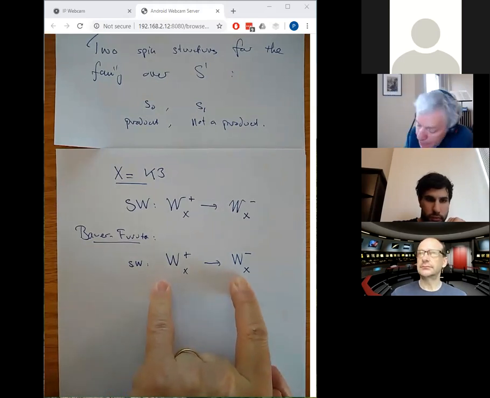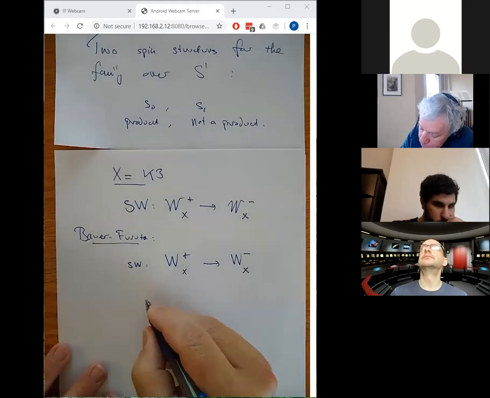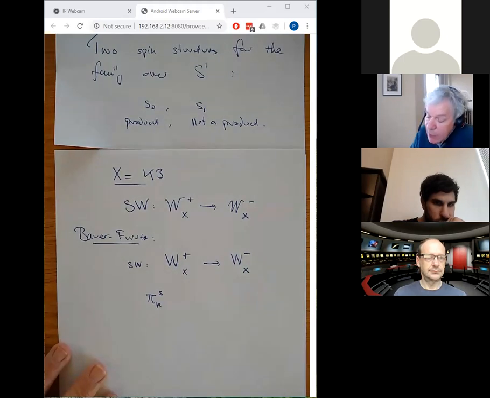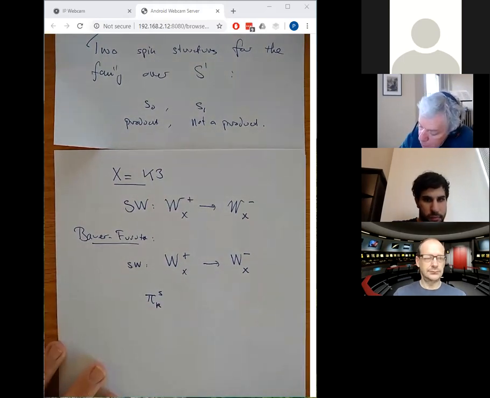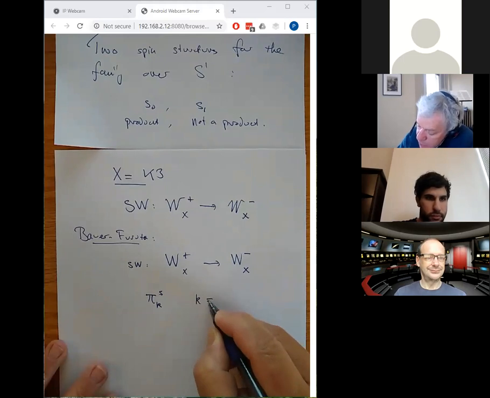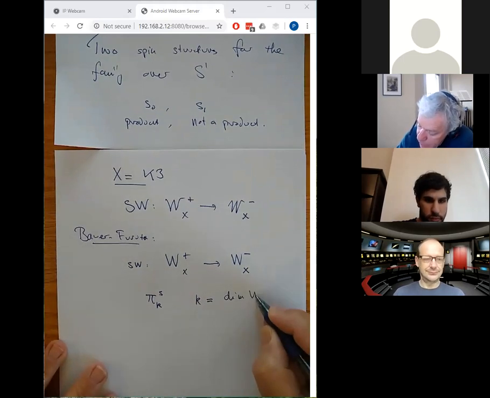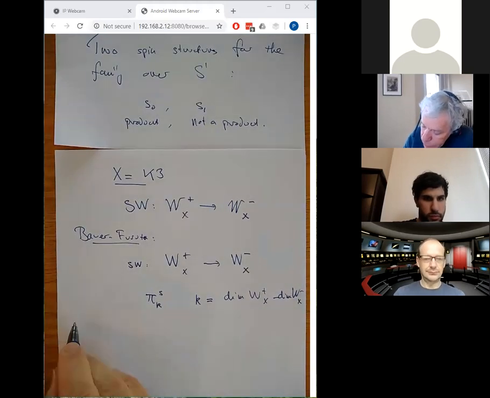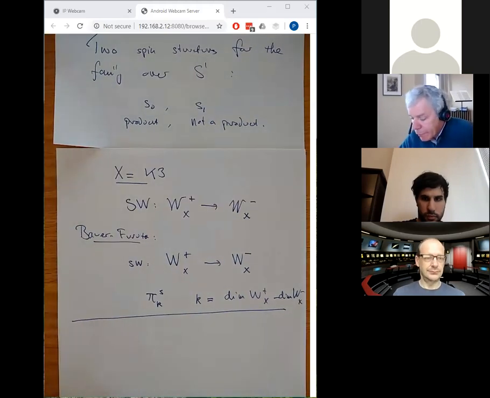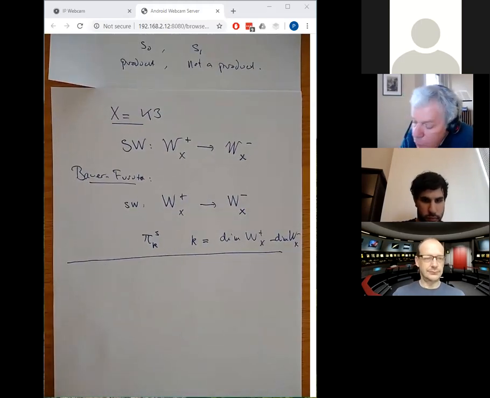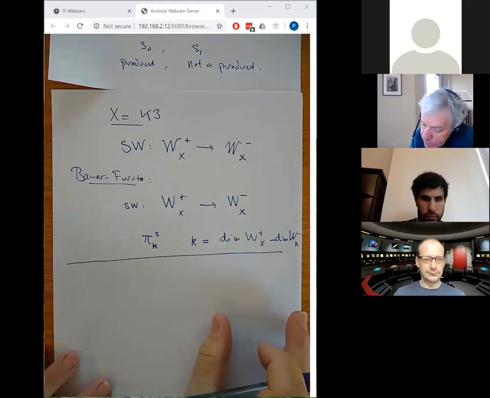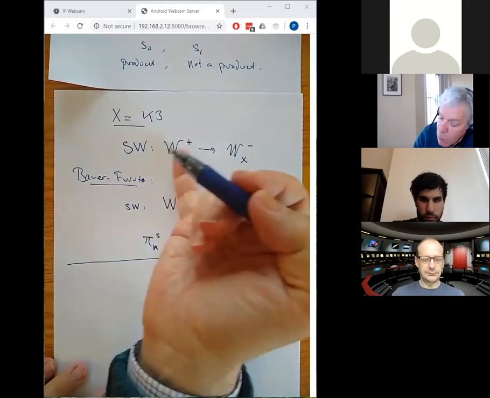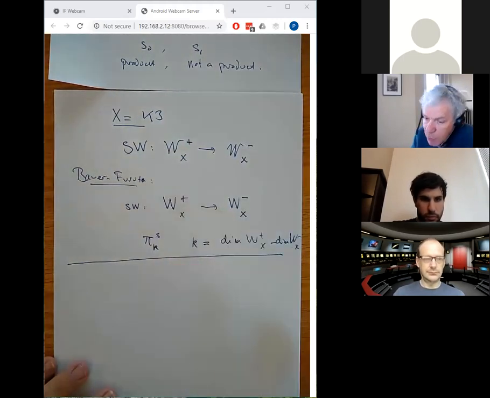So we have an element of the kth stable homotopy group of spheres, where k is the fiber dimension, so dim W plus X minus dim W minus X. If you carry this out for K3, if you take the smallest W plus and W minus that seems feasible, you actually get the right answer.